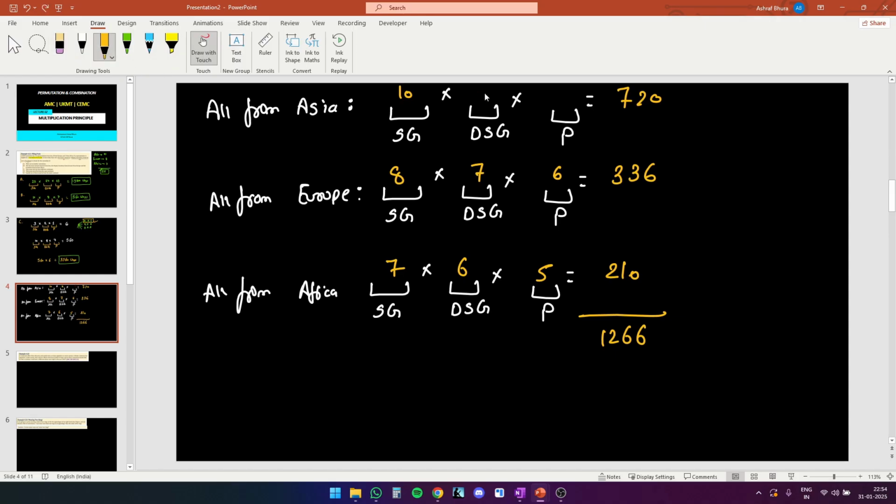What I will do is simply subtract from the total number of ways all the ways where the people are from the same continent. So my answer will be total ways minus the ways where all are from the same continent.